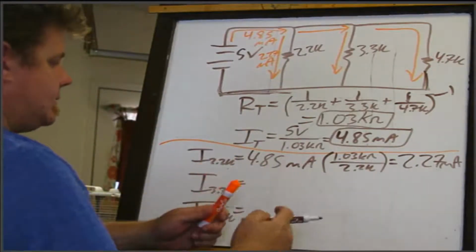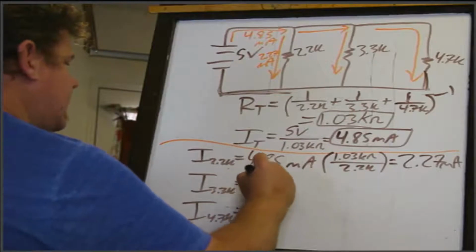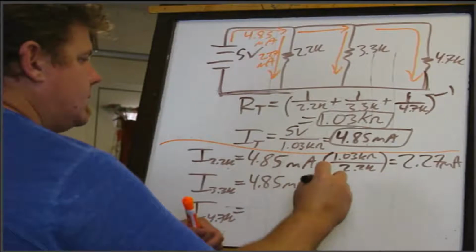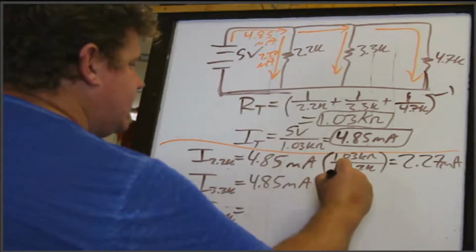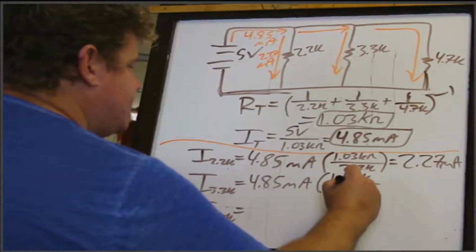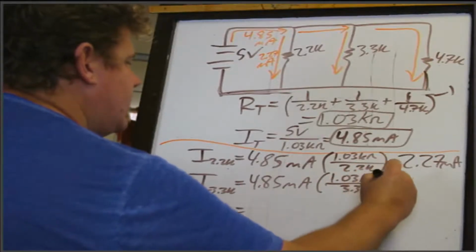So let's look at the next one now. So this is now, again, 4.85 milliamps, and we are using current division here. I realize you could use Ohm's law, but I want you to get in the habit. 1.03K, the total over the individual, which is 3.3K.